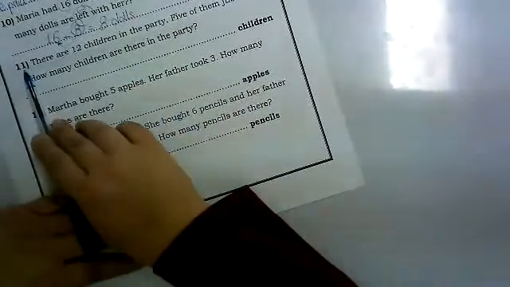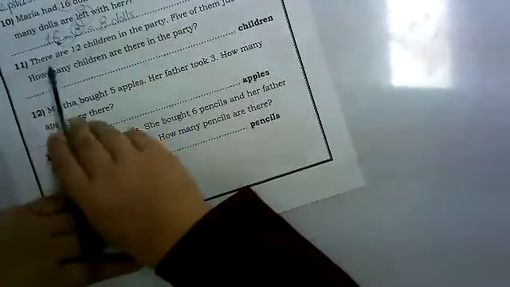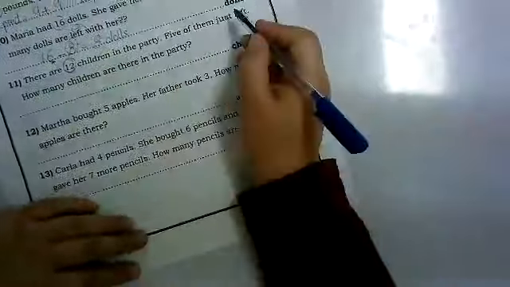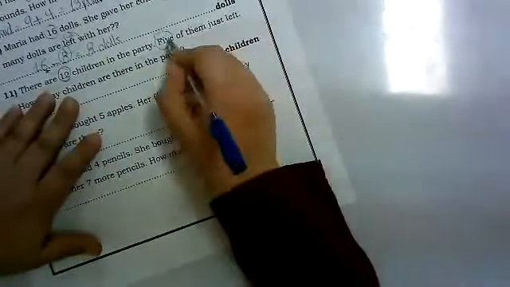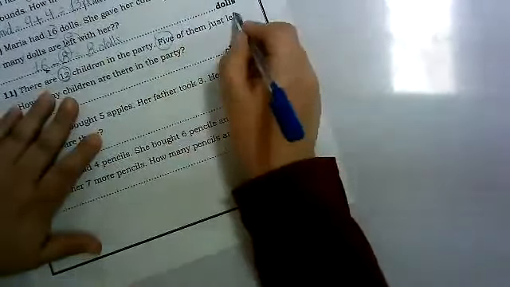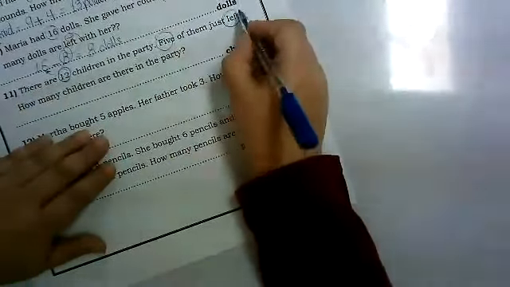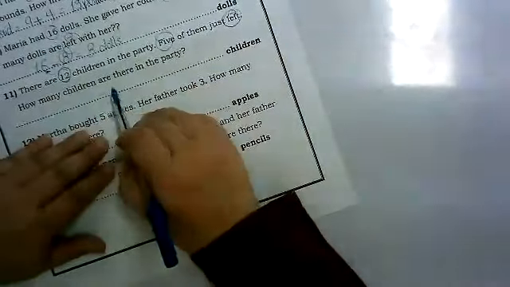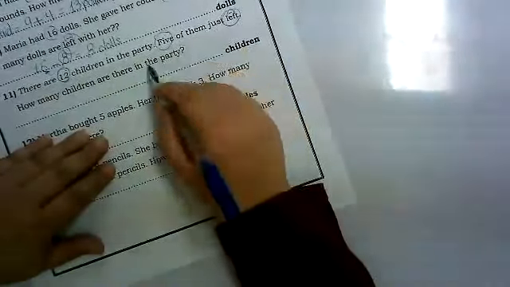Number 11. There are 12 children in the party. 5 of them just left. Left indicates minus. How many children are remained?